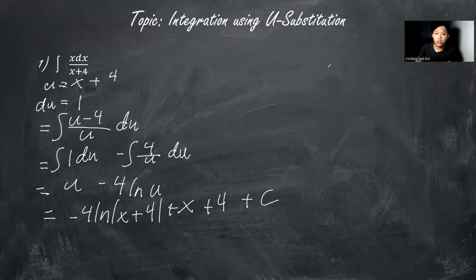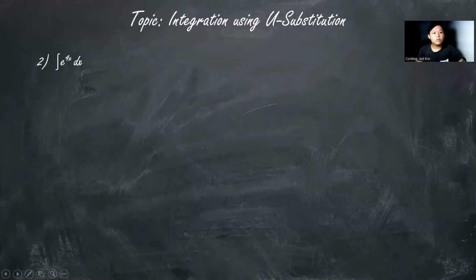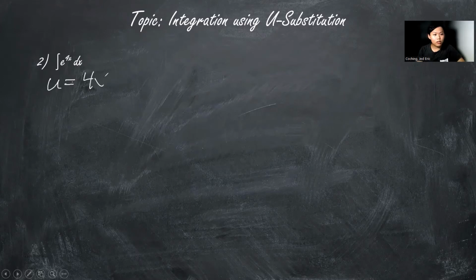So let's clear this. And now here's number 2. The u in this is 4x. The du here is just 4 dx.